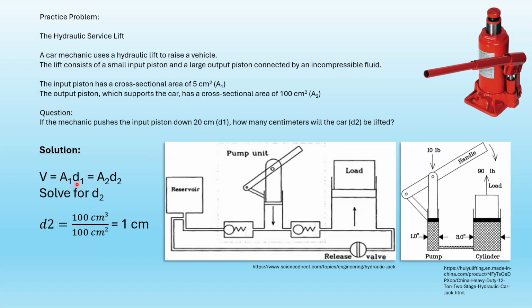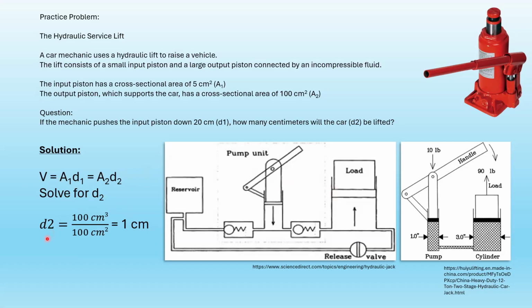So this is going to be 20 centimeters here. And all we have to do is derive that. So we can just scratch that, just to make things easier for us. We just have to solve for D2, because that's what we want to know. That's going to be the D2, and it's a simple calculation.